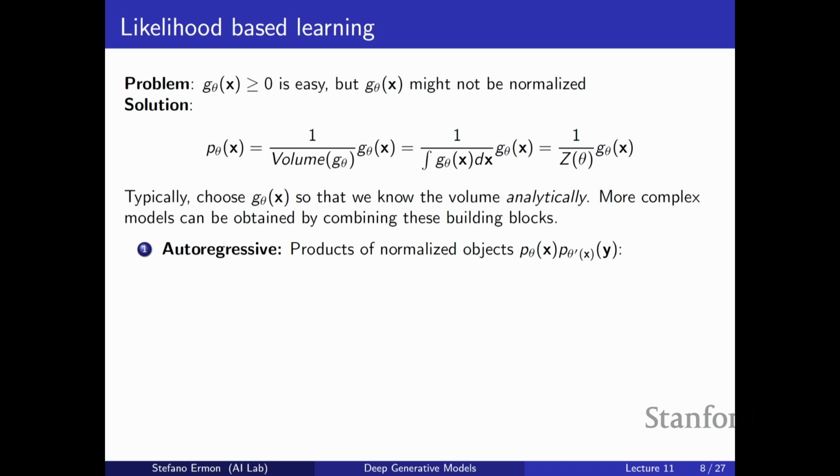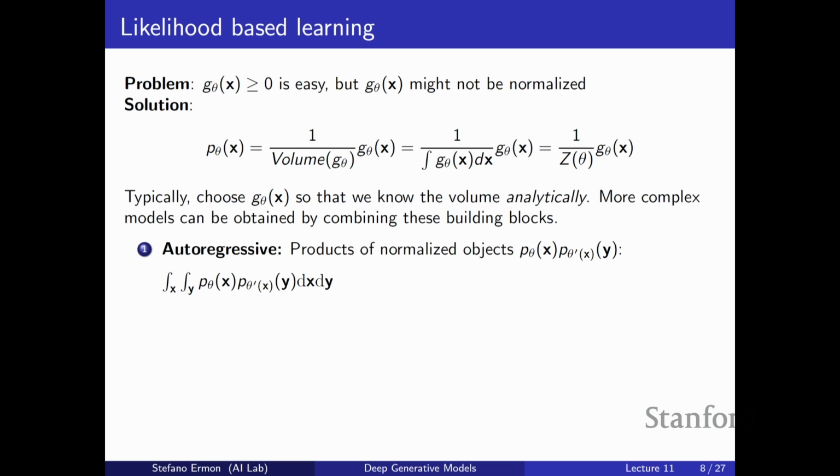And so if you imagine you have two of these objects that are guaranteed to be normalized, like a family parameterized by theta, and another family here that is parameterized by theta prime, where theta prime can be a function of x, as long as for every theta prime, the distribution that you get over y is normalized, this full object that you get by multiplying them together is guaranteed to be normalized.